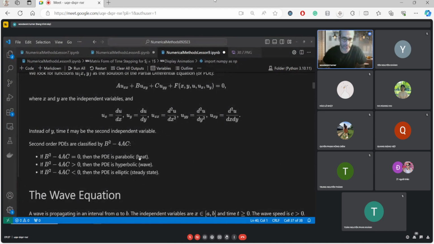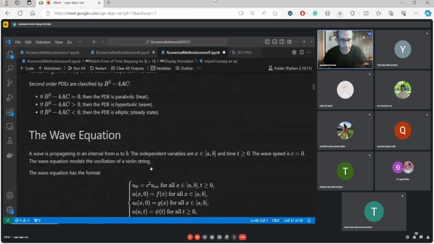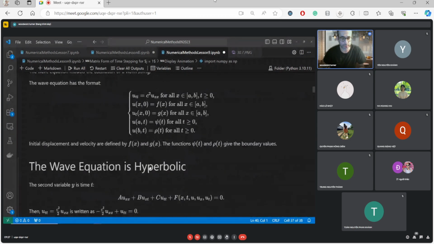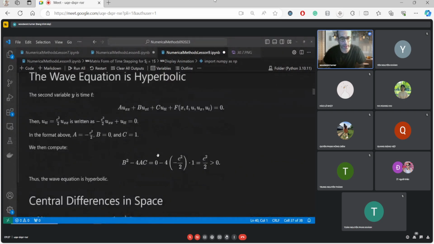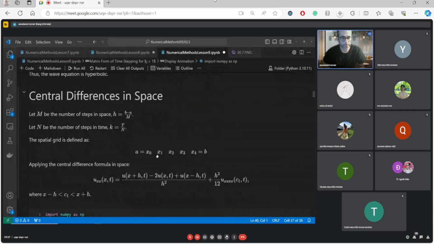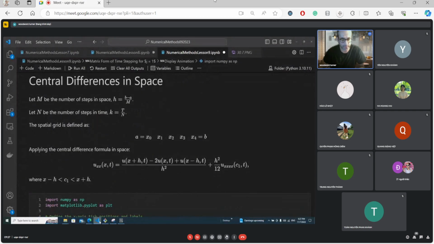So for the wave equation, what we want are functions u of x, y as solutions to a PDE. So this isn't the wave equation here. We'll go over that, but this is the way that we describe in general what we're trying to do, right? So we have second partials, or all the mixed partials here, as A, B, and C. So if we have an equation like this, and then we add to that some function of the first partials along with the initial variables and u itself, right?